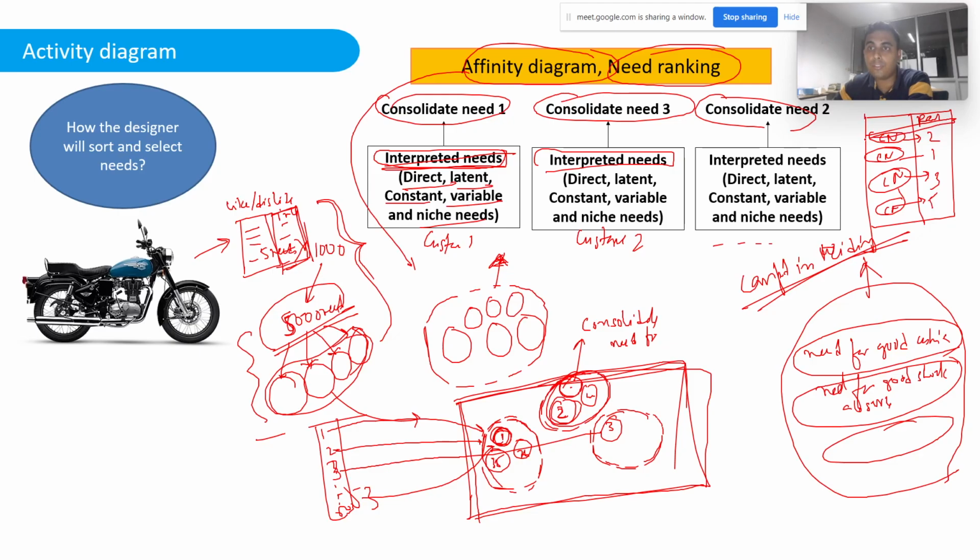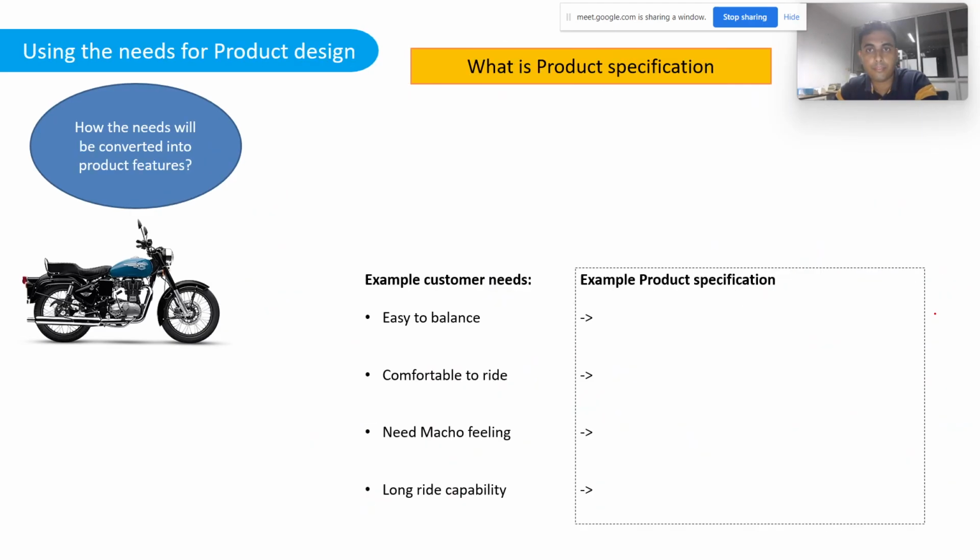Likewise, you rank those, and then you start working on your design or concept phase. So this is the affinity diagram and need ranking. Any doubt here? No, sir.